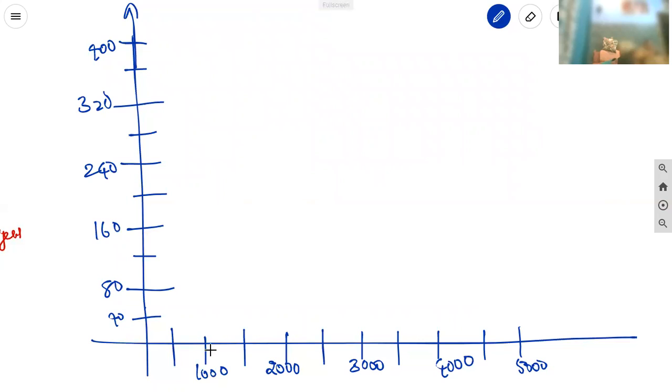Then make the plot for 1000 rupees, 80; for 2000, 160; for 3000, 240; for 4000, 320; for 5000, 400. Draw the graph.